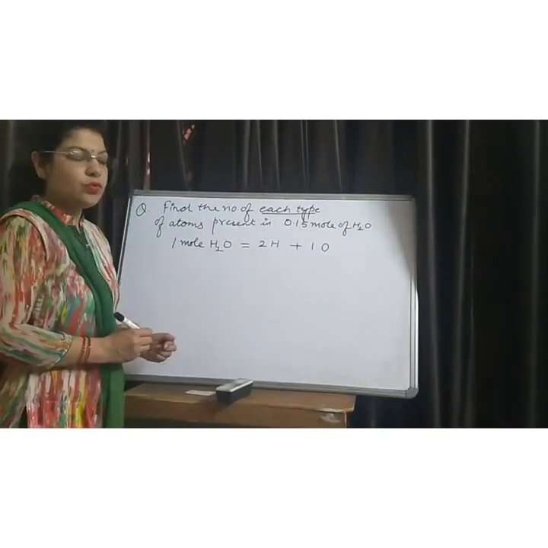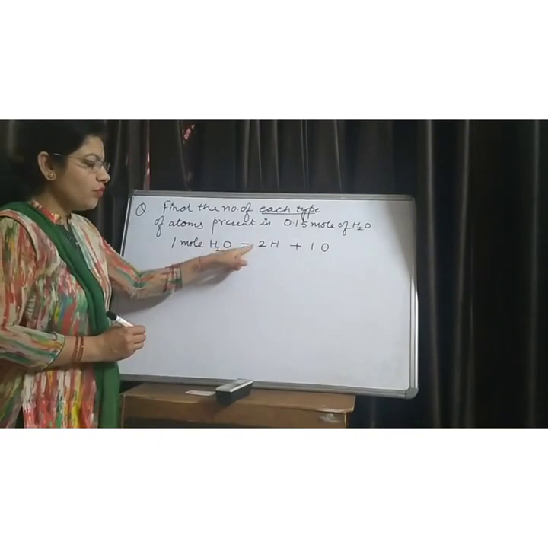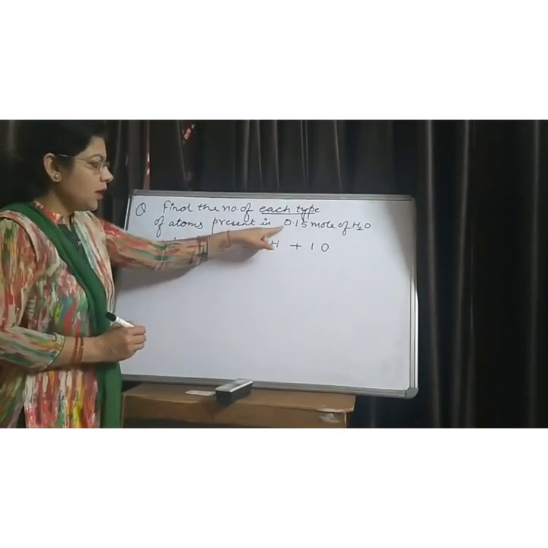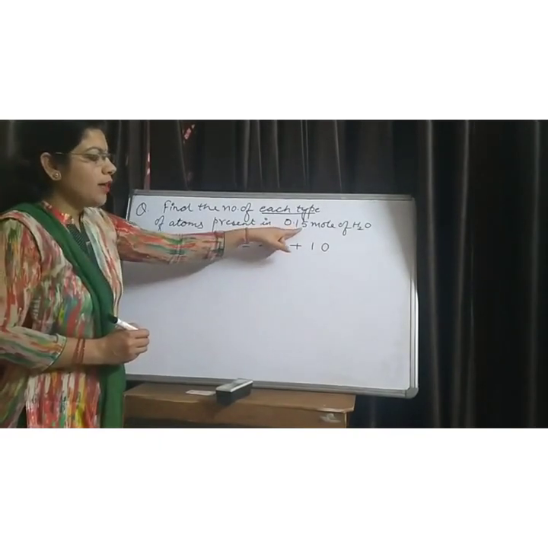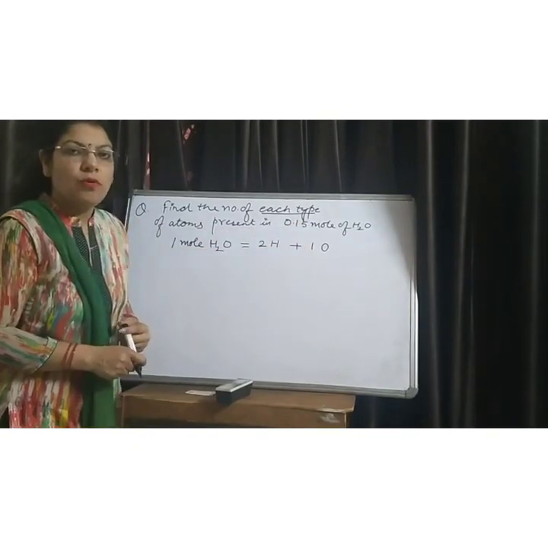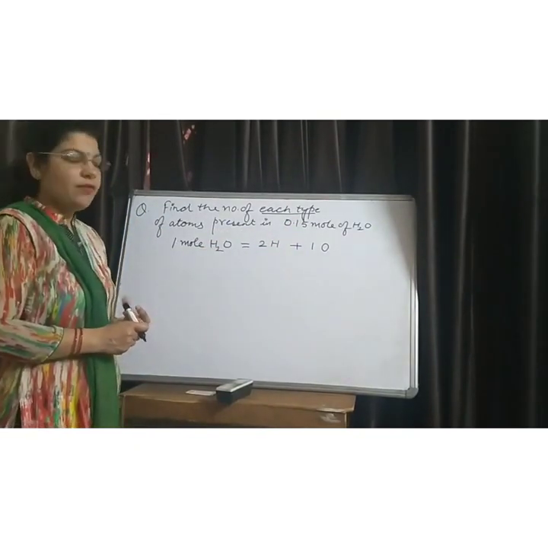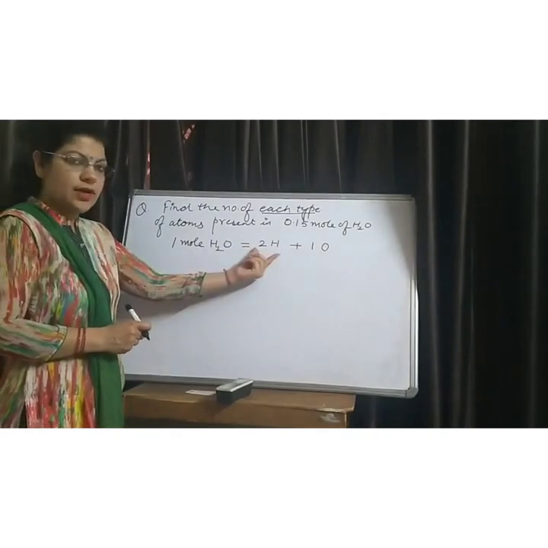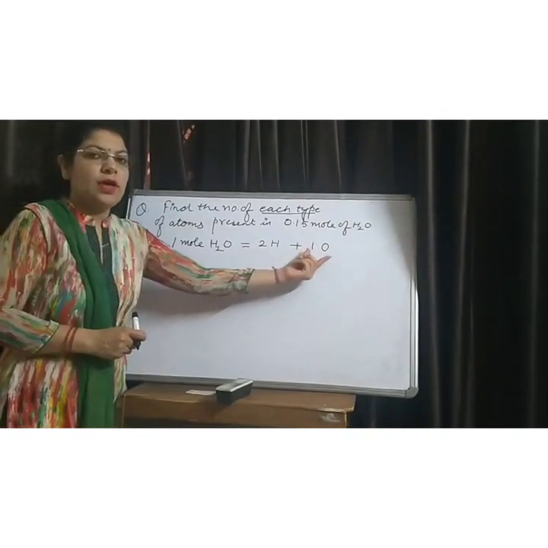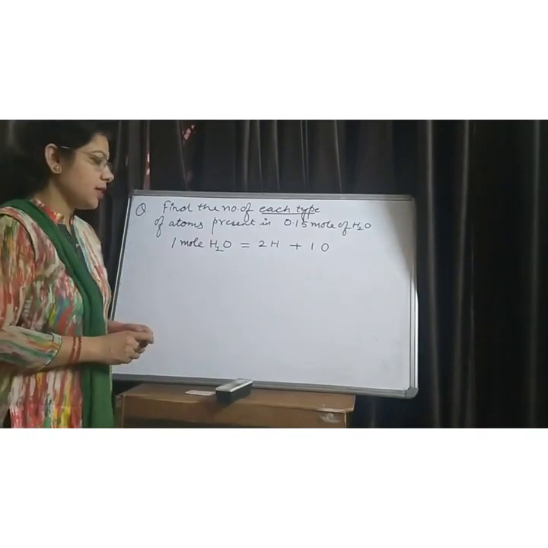Here we have to calculate the number of atoms in 0.15 moles of water. First of all, we have to calculate the number of hydrogen atoms, then we have to calculate the number of oxygen atoms.